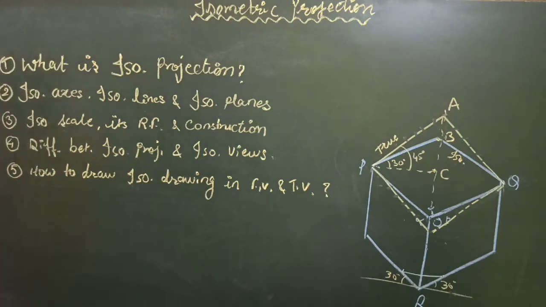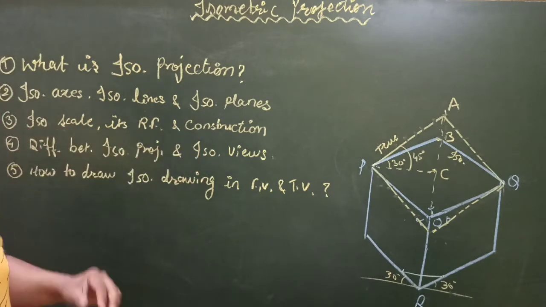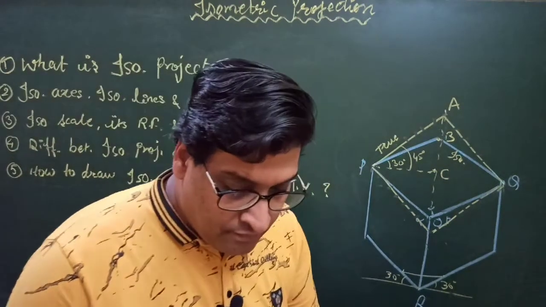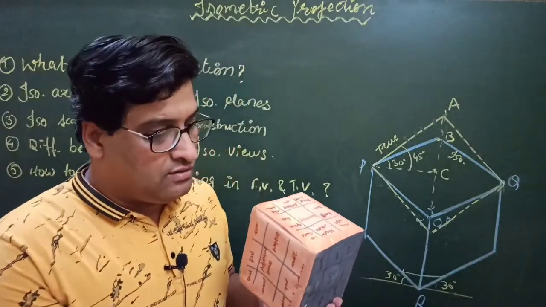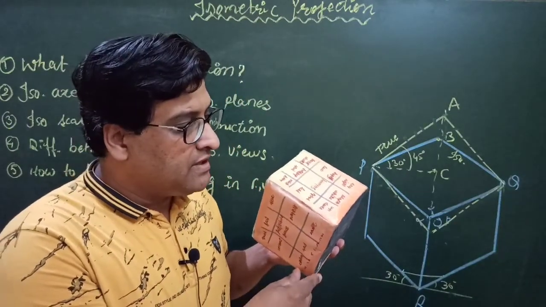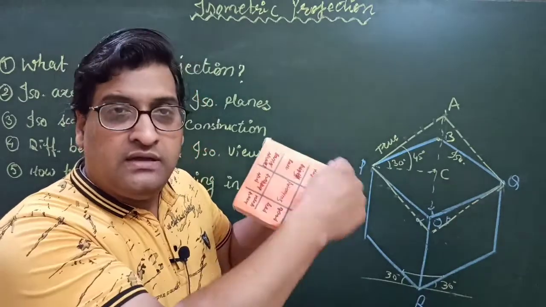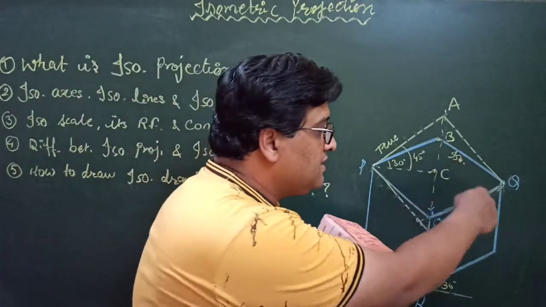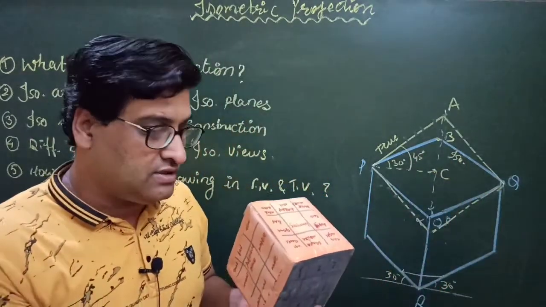Now let us come to the isometric scale and what is its RF and all those. So you see here, again we take this cube. When we put it like that, you can see this figure is actually a square, and it appears as a rhombus in the isometric projection.